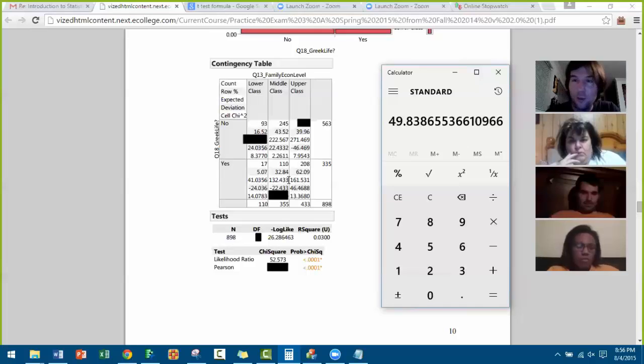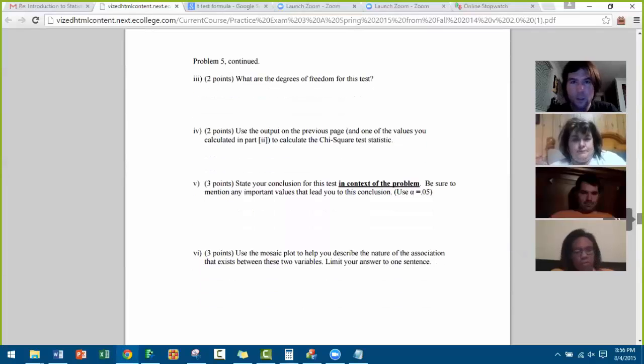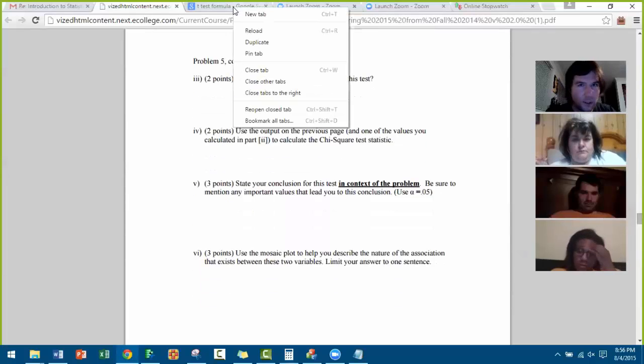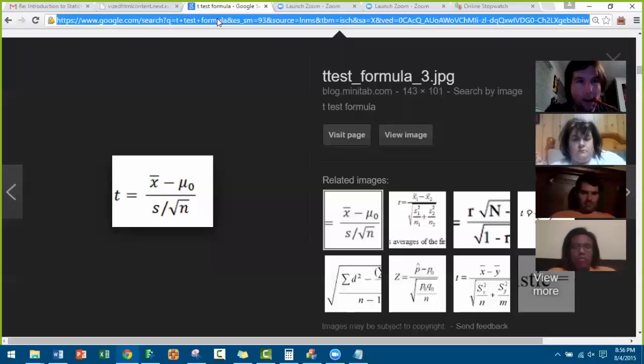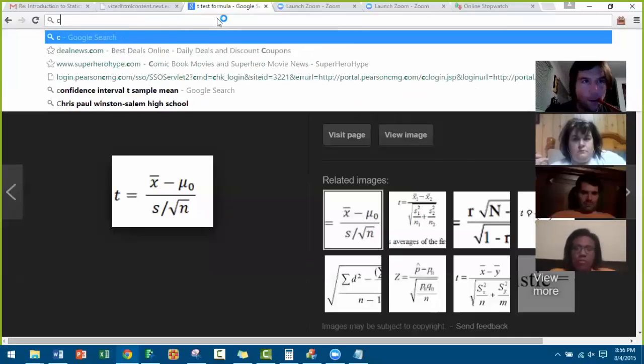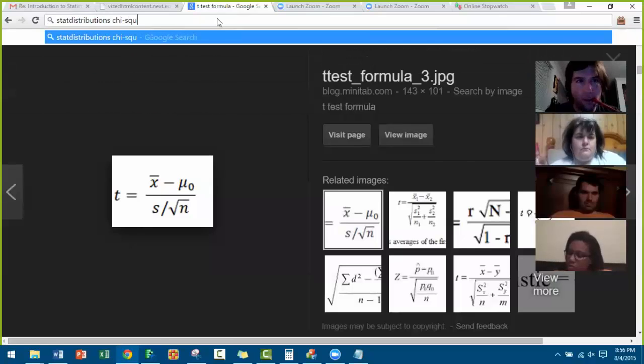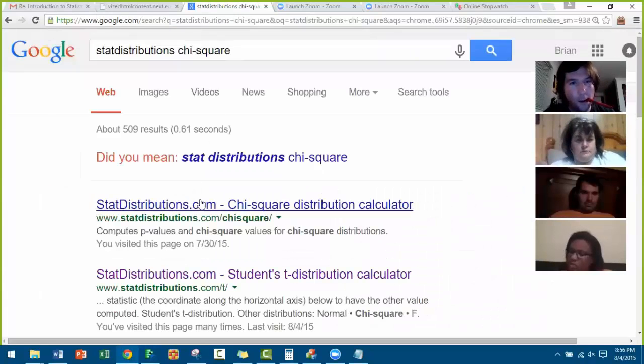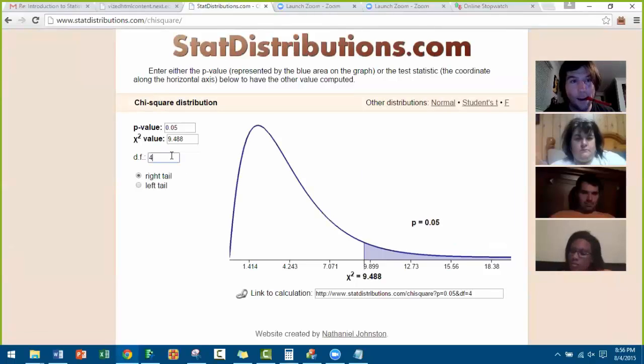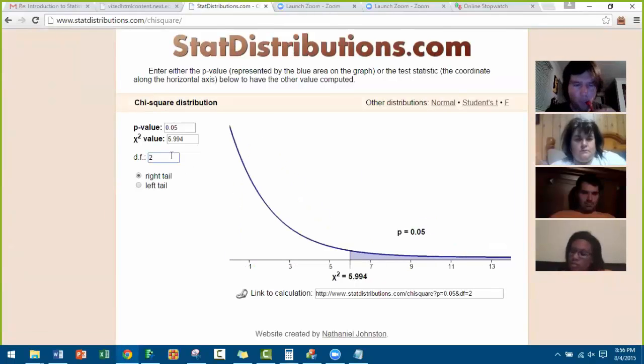So in a chi-squared curve, which I do not know if we show on this problem, let's go to chi-squared output. Stat, distributions, chi-square. I got it. Here we go. We had 2 degrees of freedom.